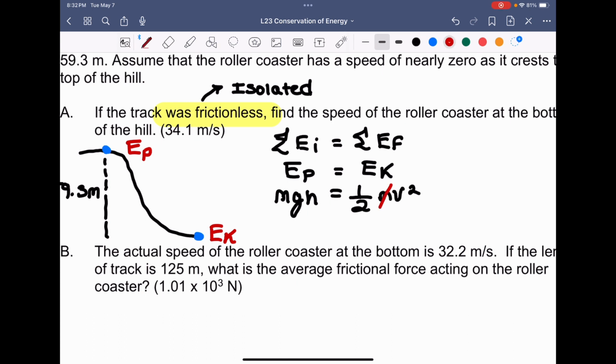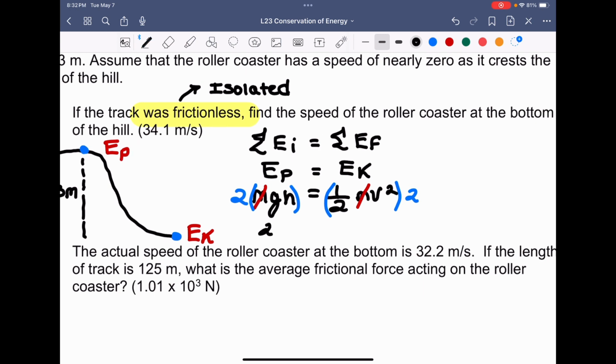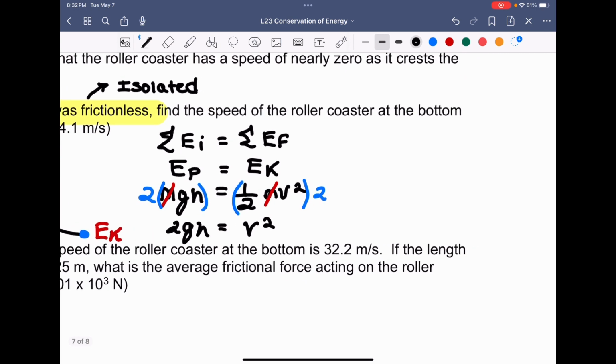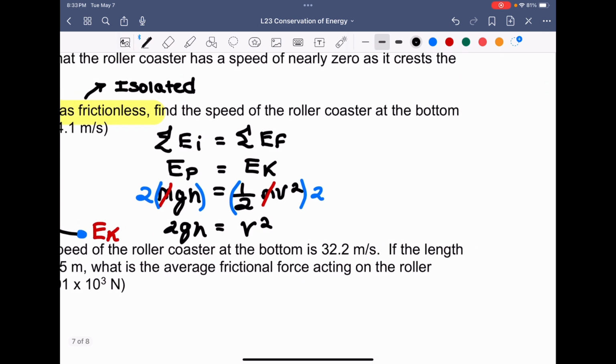Again, when we're dealing with gravitational potential and kinetic energy, the masses can cancel. We multiply both sides by 2, and this gives us 2gh equals v squared. Continuing, v is equal to the square root of 2gh.